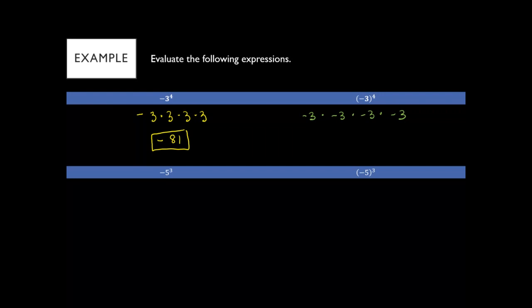And so those two negative numbers are going to give you a positive. These two are going to give you a positive. And so your answer is going to end up being positive, because this gives us a 9 and this gives us a 9. And then 9 times 9, we get a positive 81. So there's a big difference between these two on whether your answer is going to be negative or positive. And you can see here on the example on the right, we had an even exponent, so that meant we're getting a positive answer out.